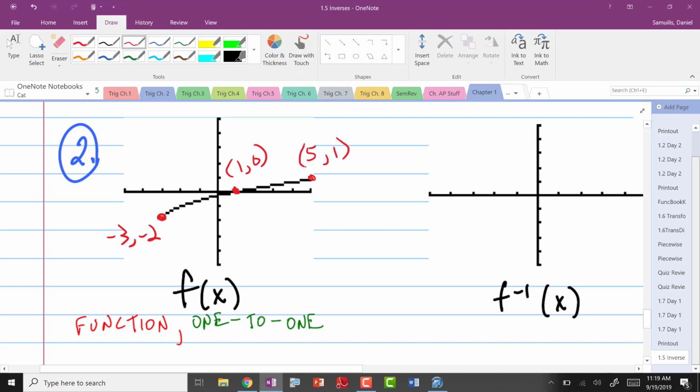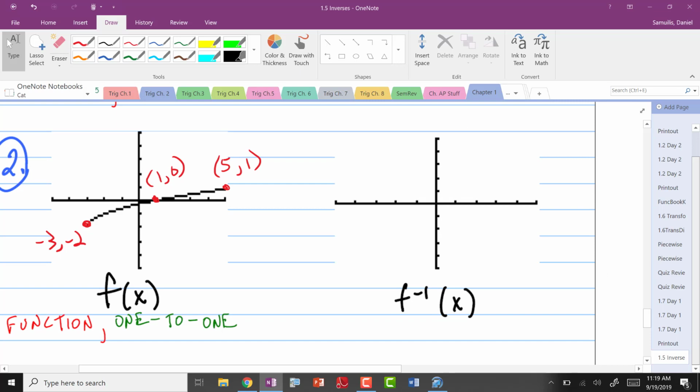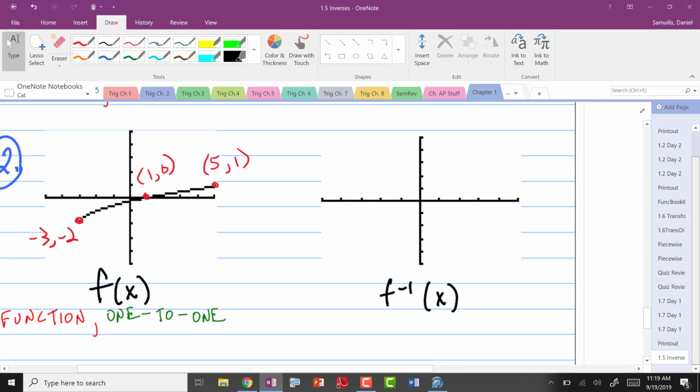And then because it's a video, I guess I will find the inverse of this. So now I have (1, 5). I have not (1, 0), (0, 1). And then I have (-3, 2)... (-2, -3). I feel like I'm going too fast. (-2, -3).